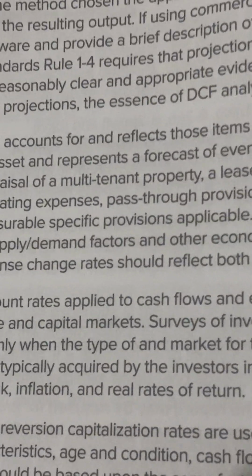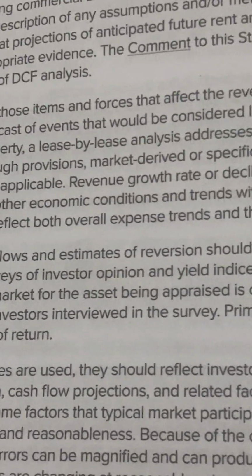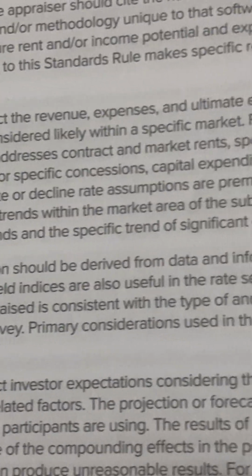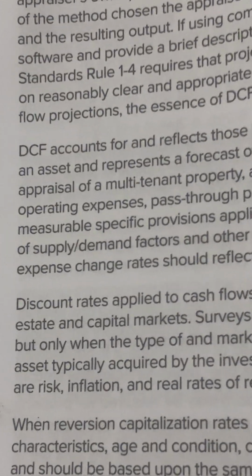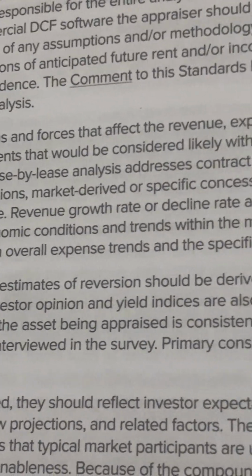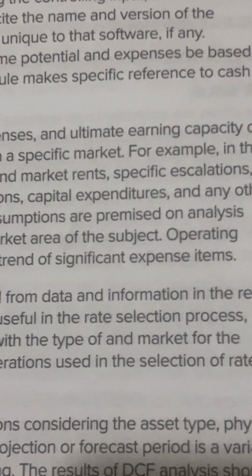Discounted cash flow accounts for and reflects those items and forces that affect the revenue, expenses, and ultimate earning capacity of an asset, and represents a forecast of events that would be considered likely within a specific market.